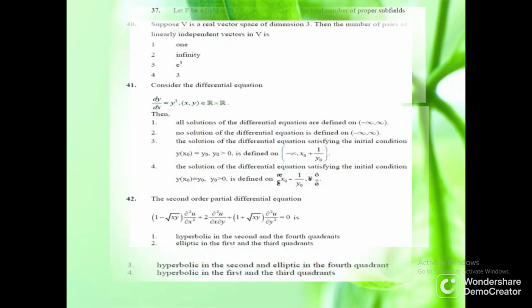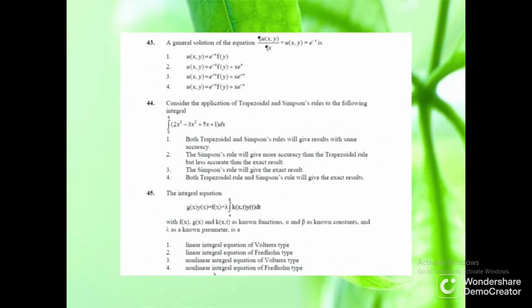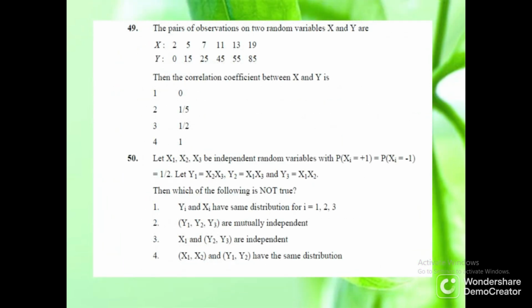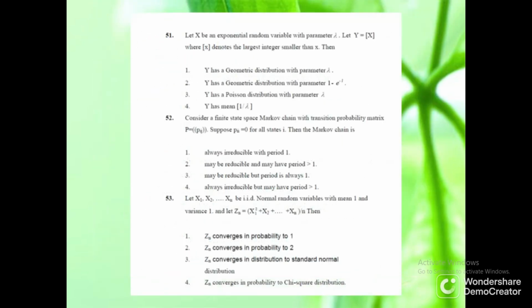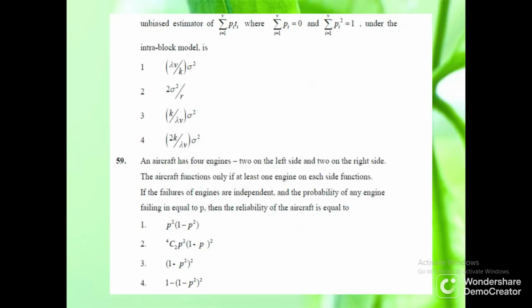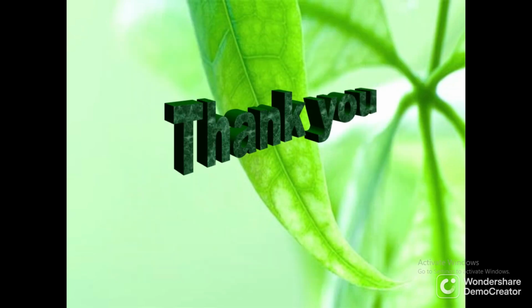This is very important, along with differential equations, integral equations, classical mechanics, probability and statistics. You have to choose which section you follow.